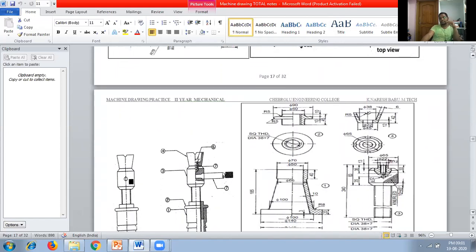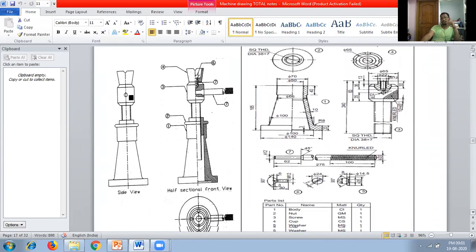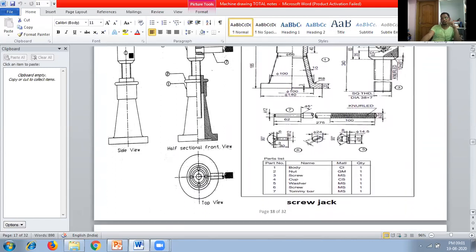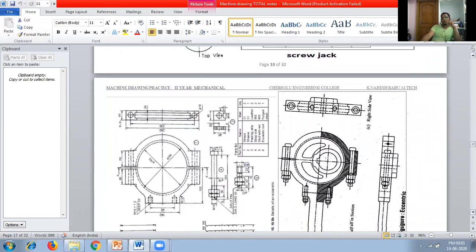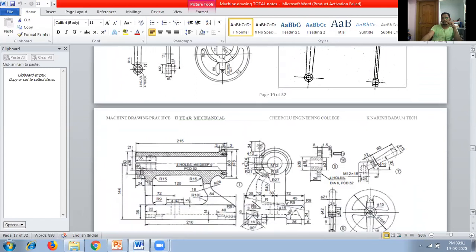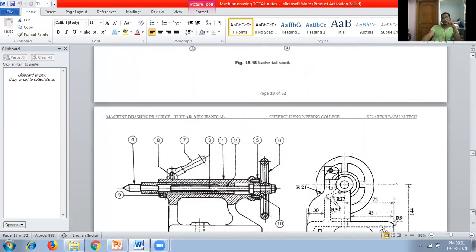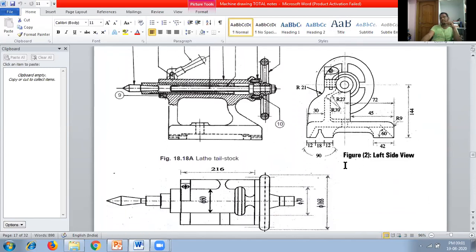This is the example for stuffing box. Now this is the example for screw jack. This is the example for eccentric. And this one is the example for lathe tailstock. This is the lathe tailstock assembled view.